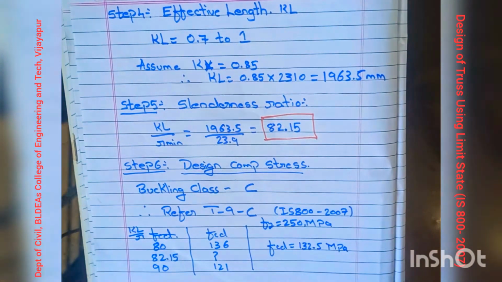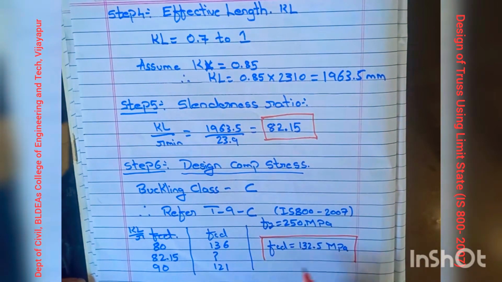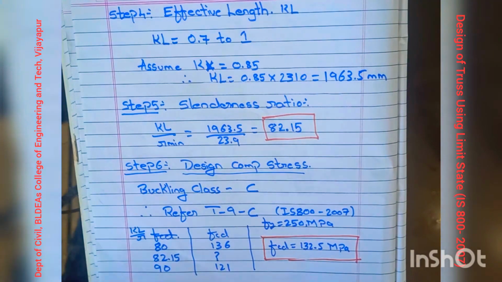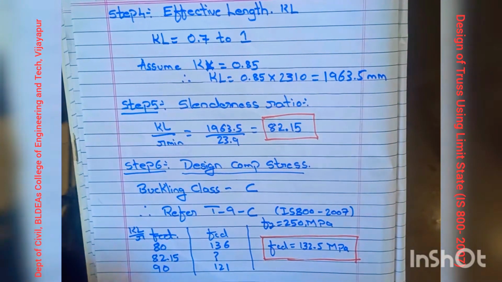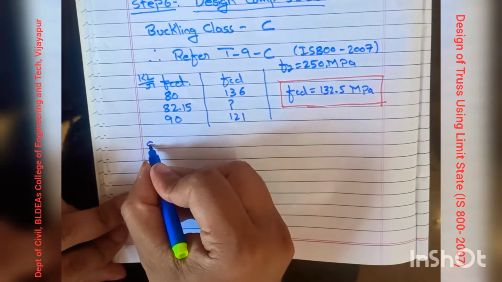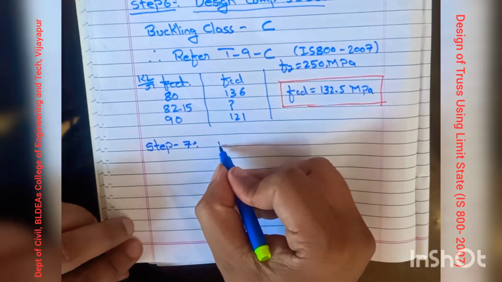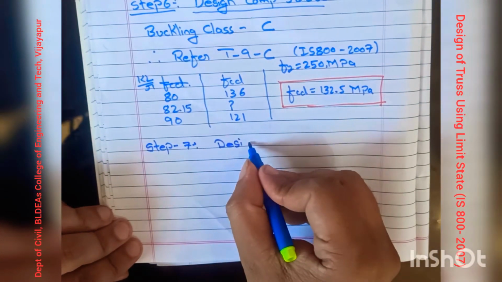It is better if you do interpolation, but as the design is lengthy in the exam, if it is nearer, you can just take the approximate value. So now we have got the FCD value. This is again an important value. So next, step 7, it is design compressive strength.